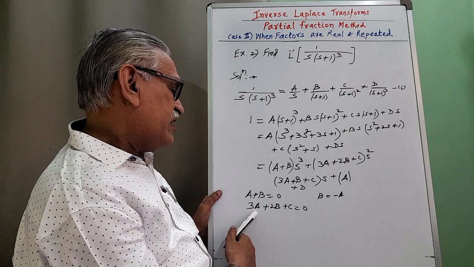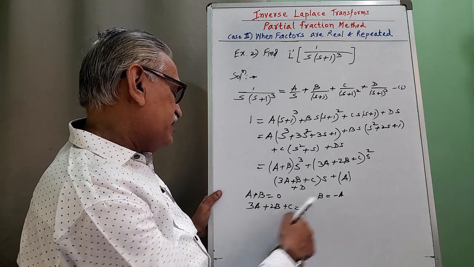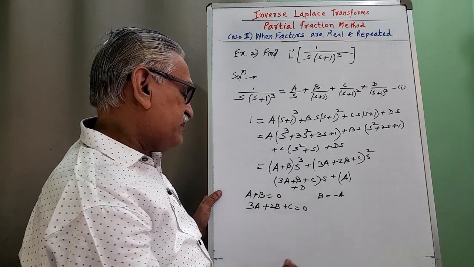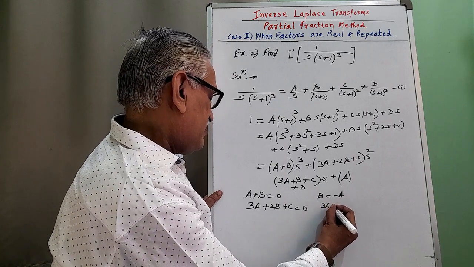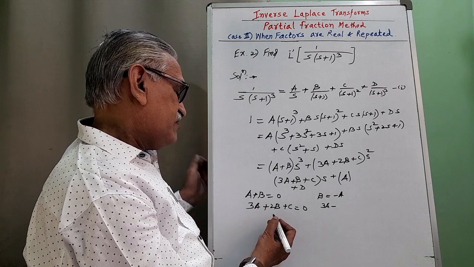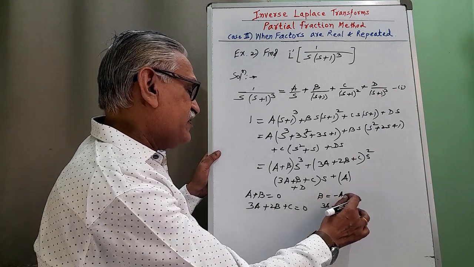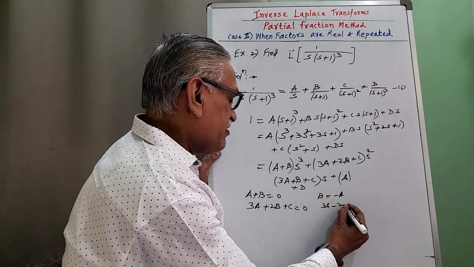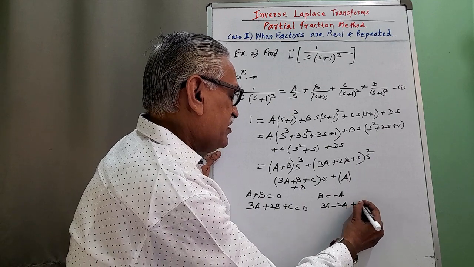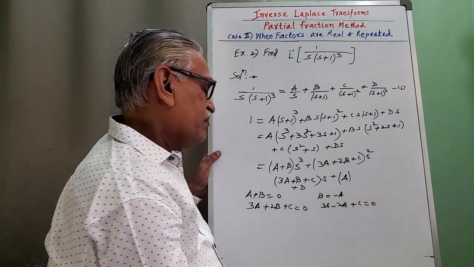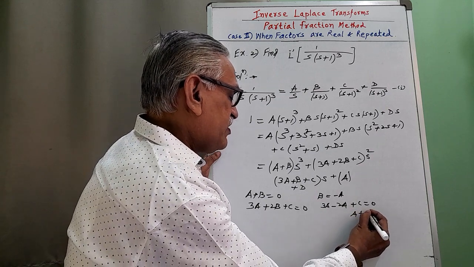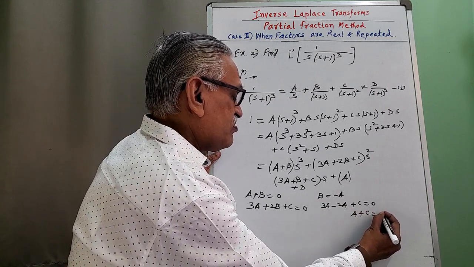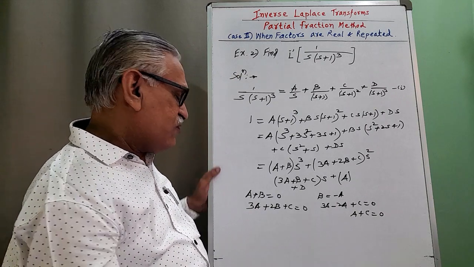But b is minus a, therefore 3a minus 2a plus c is equal to 0, meaning a plus c is equal to 0 in simplified form.